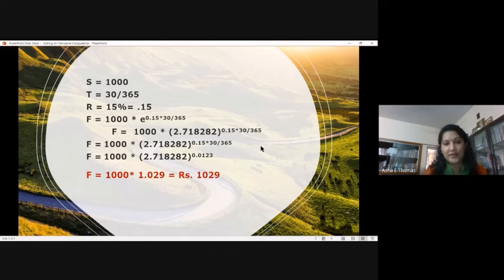Then it will be S plus U whole raised to the same thing you have been doing. Instead of S, you will have S plus U, where U represents the carrying cost. Then the formula becomes normal after that. But initially, you have to compute the carrying cost using the formula.